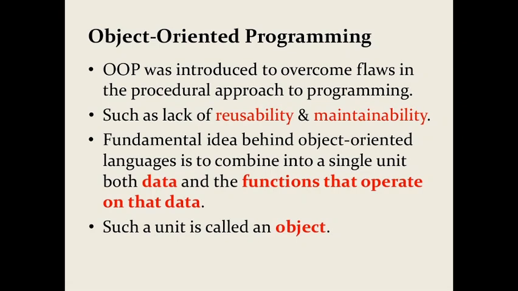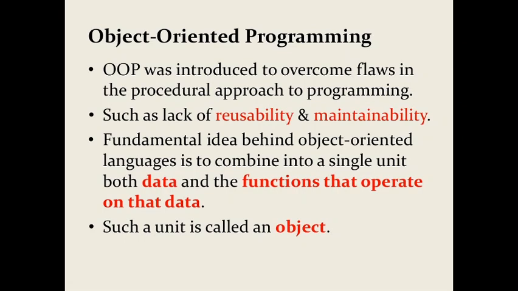So again, the question may arise: when can we say a particular programming language is an object oriented programming language? Since the 1950s till date we have thousands of programming languages, right? And any programming language may fall into a category.